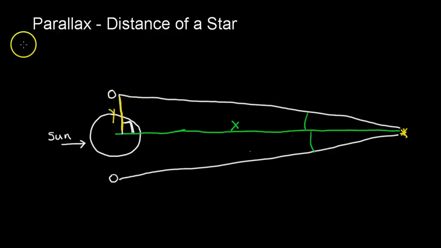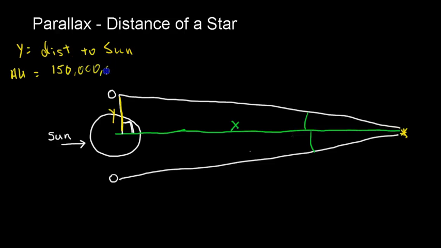The distance of that line, y, equals the distance to the sun, which is also called an AU, an astronomical unit, and that is 150 million kilometers. Okay, it's science, so we're going to talk in kilometers. And so what we end up with is this line. We know this line, and we can calculate this angle, and we'll call that theta.